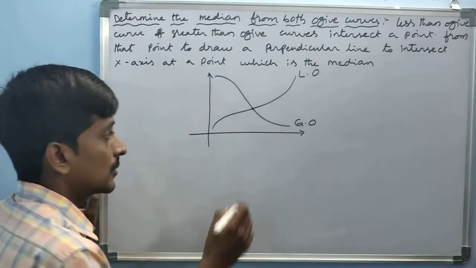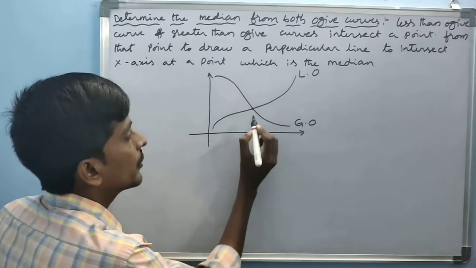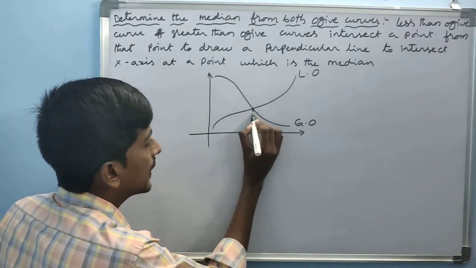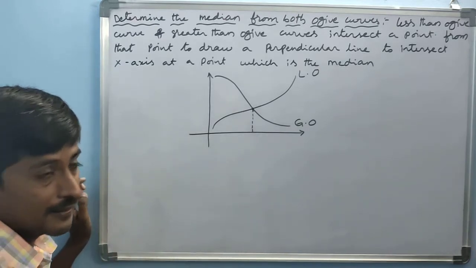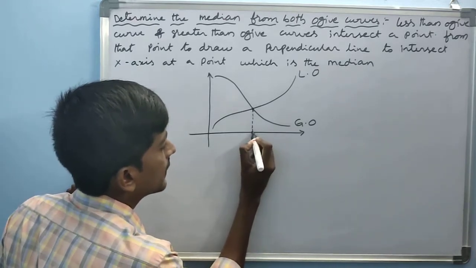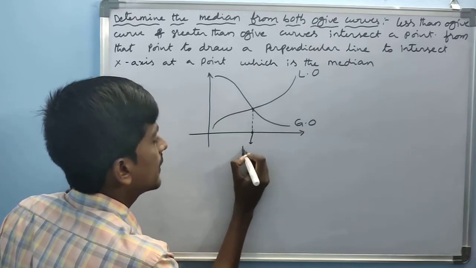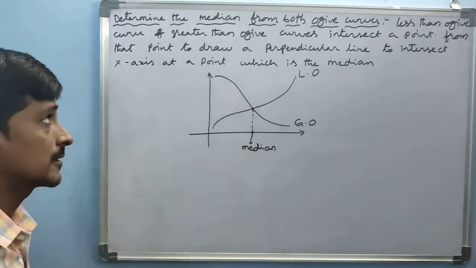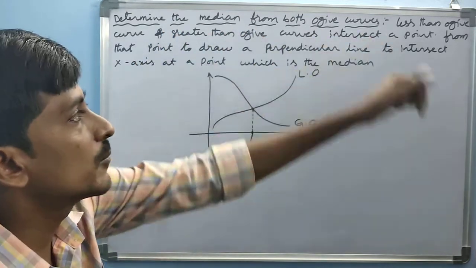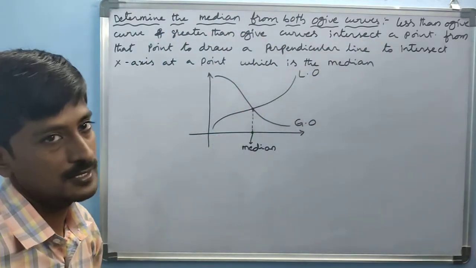From that point you draw one perpendicular line to the x-axis, which intersects at a point. This point is called the median. That is how to determine the median from both the ogive curves.